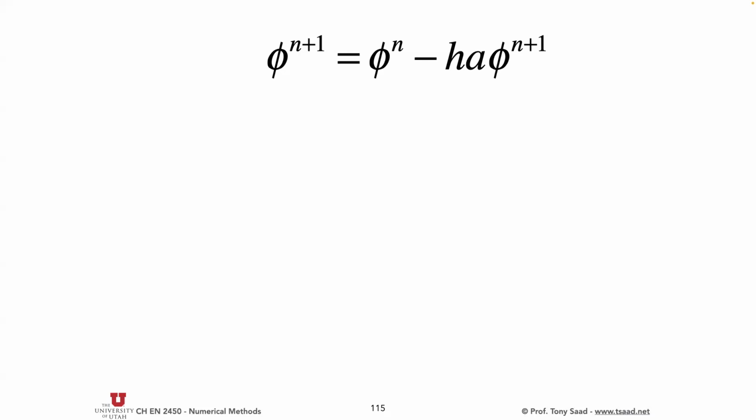Go ahead and find me a value for H such that phi n plus 1 is less than or equal to phi n, in absolute value. Remember, H is always a positive quantity because it's the time step, delta t.